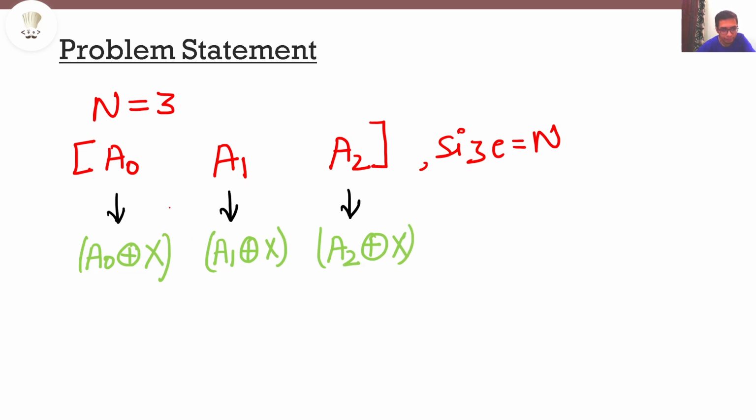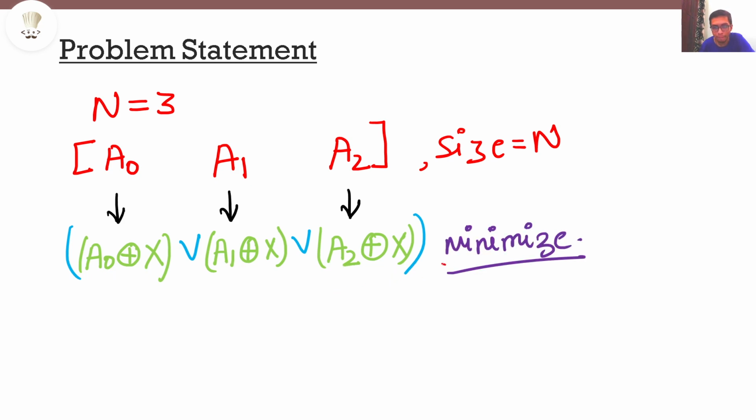After this, what I will do is I'll simply perform the OR operation among the new elements of the array, right? So now my aim is to minimize this complete expression. And for that, I can choose any number x of my choice, right?